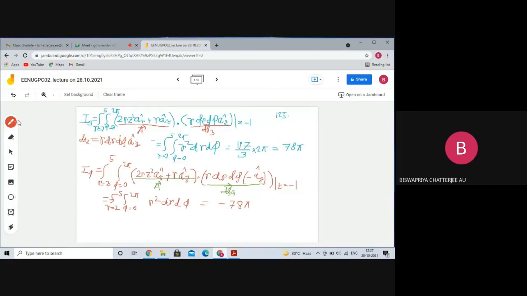So at the end of evaluating all the integrations, the total left hand side, I, will be equal to the summation of all four.